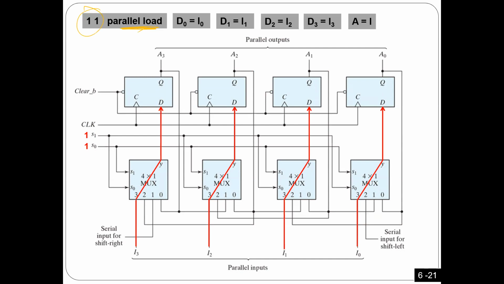So the question is, what should I connect at number 3 in order to make parallel load? Very simple. This is the parallel input, the number I want to store. So I have a 4-bit number, and once you have 1, 1, these 4-bit numbers are already connected here. Okay.